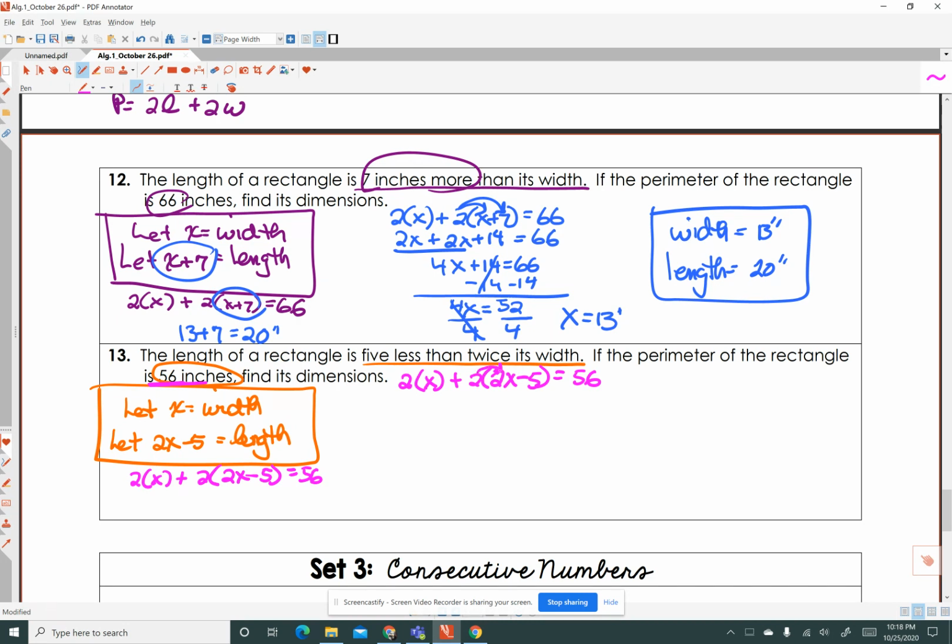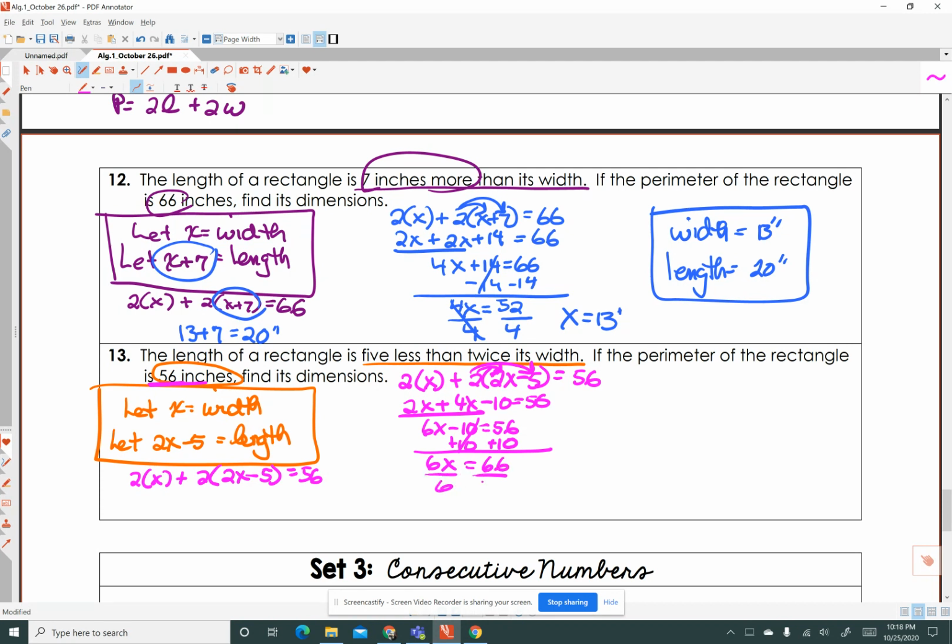And we'll distribute first. 2x plus 4x minus 10 equals 56. We'll combine like terms. 6x minus 10 equals 56. We'll add 10 to both sides of the equation, and we have 6x equals 66.